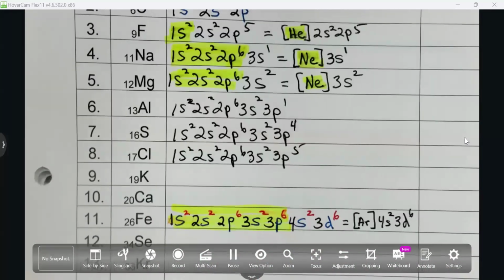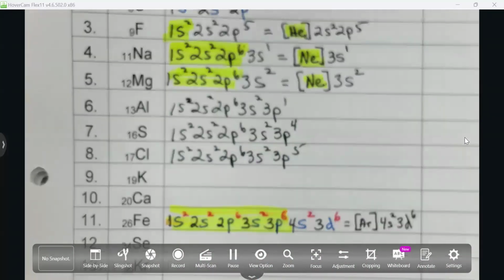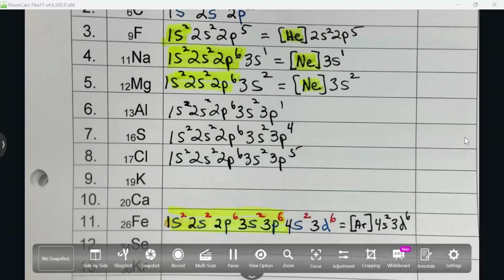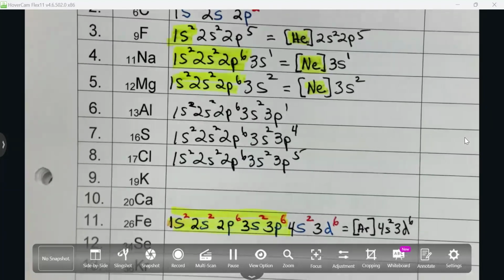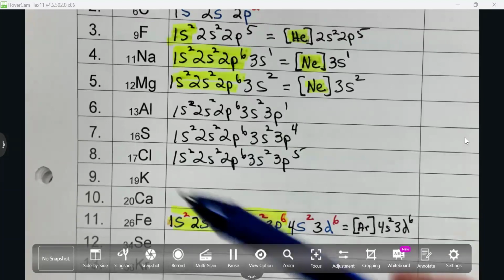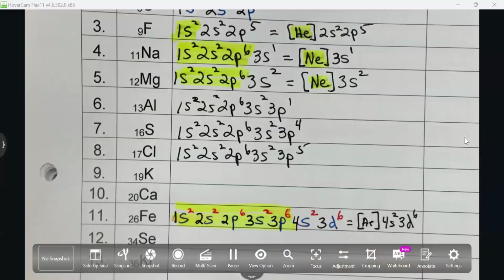And maybe I can stop there. Now, the 16 on the next page matches up with the 16 here.